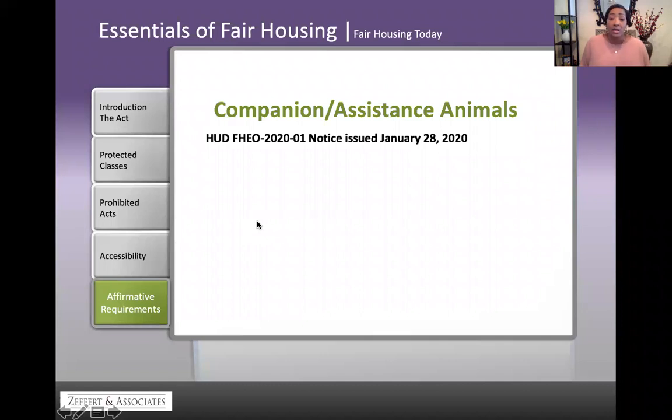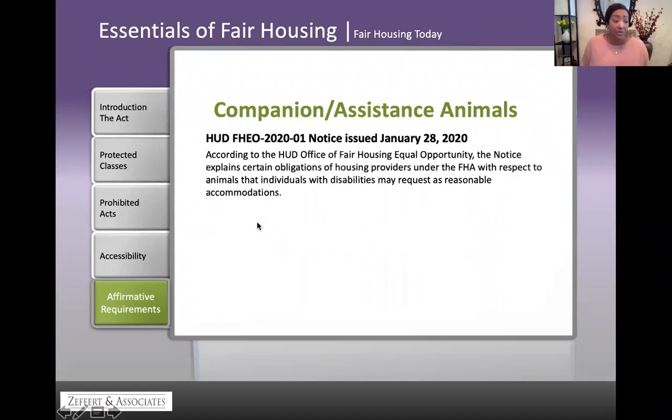So again, I lean heavily on your legal teams to help guide you with certain decisions like this. Let's look at the fair housing notice that I have on the slide, as well as what's on page number 15.